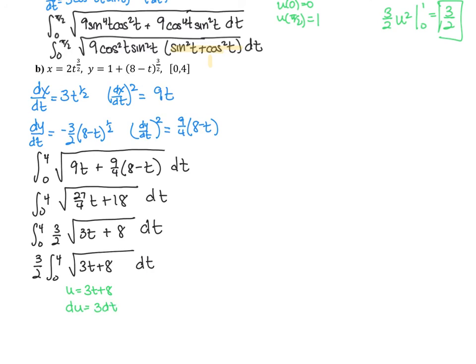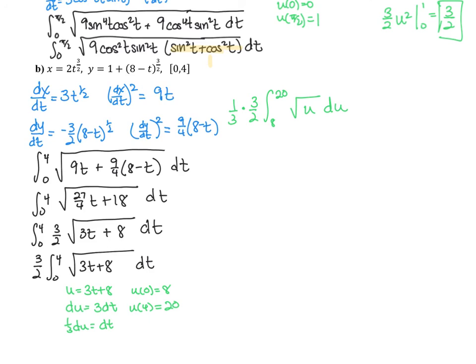So I don't want that 3, so I've got 1/3 du equals dt. And then u of 0 is 8, and u of 4 is 12 plus 8, which is 20. Okay, so this new integral now is 3/2 from 8 to 20 of the square root of u du. Oops, I lost the 1/3. We'll stick that out front.